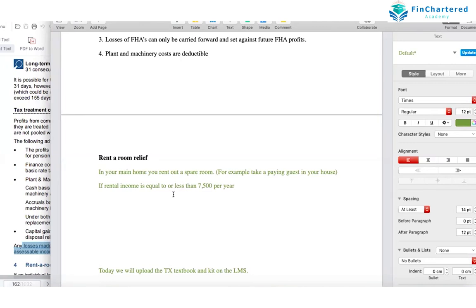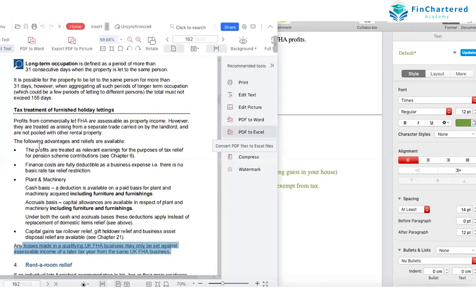The income is exempt from tax. So it's a good thing for you. You can keep the rent at 7,500, so it is exempt from tax. All right. So that is what we have looked at.